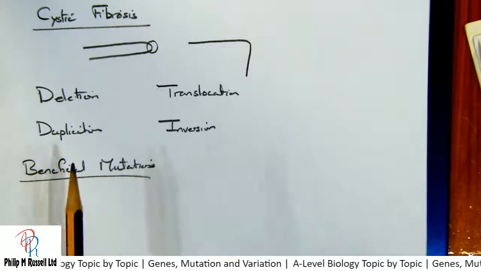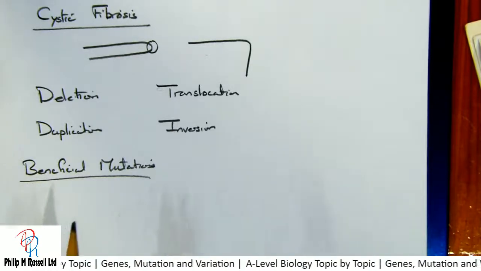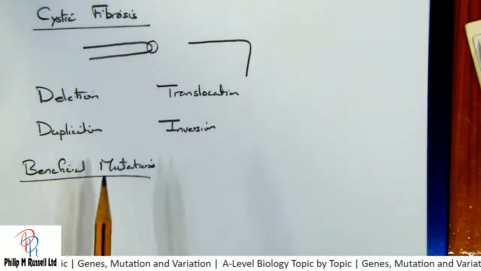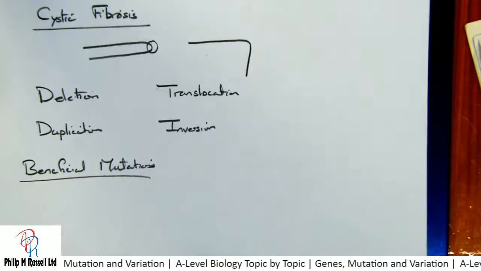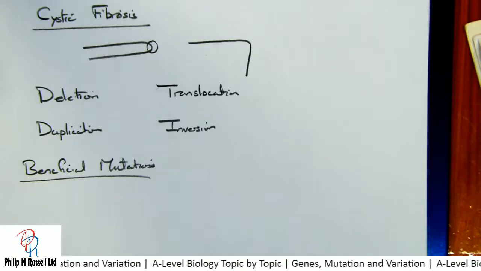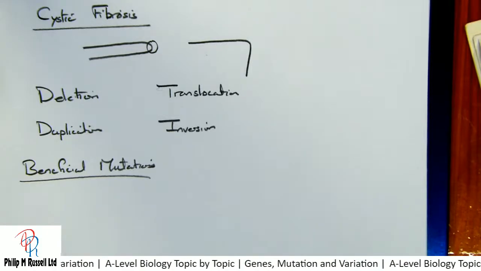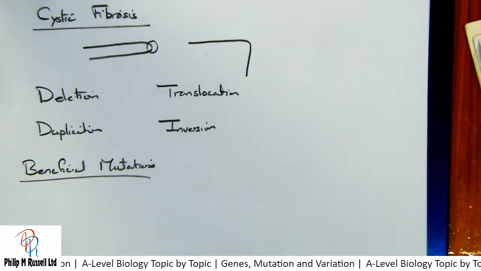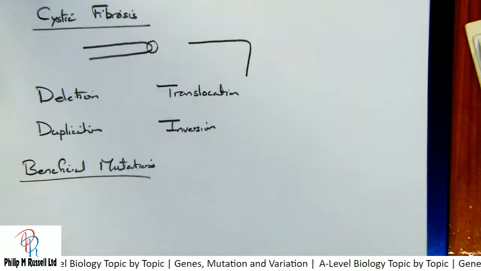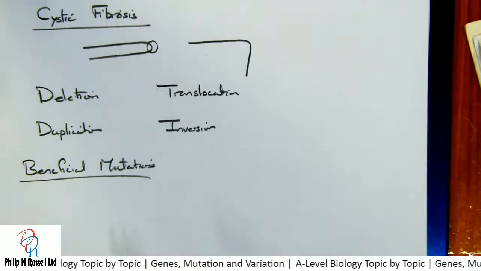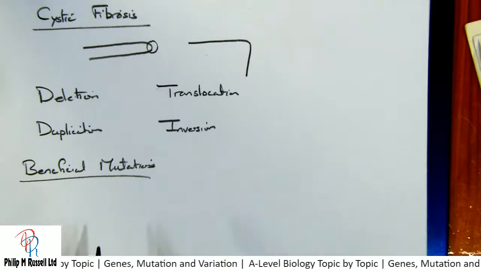Now, the ability to digest lactose, which is the sugar in milk, is basically thought to be the result of a relatively recent mutation. The majority of mammals in the world become lactose intolerant after they cease to suckle. And basically the ability to digest lactose is found primarily in the European populations, and they're the ones that are more likely to farm cattle.